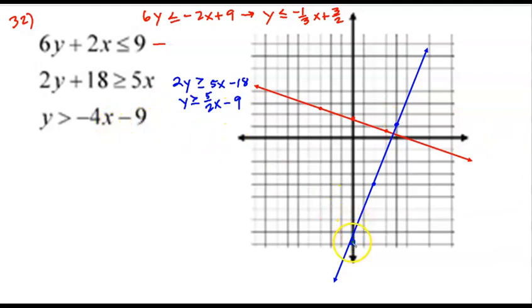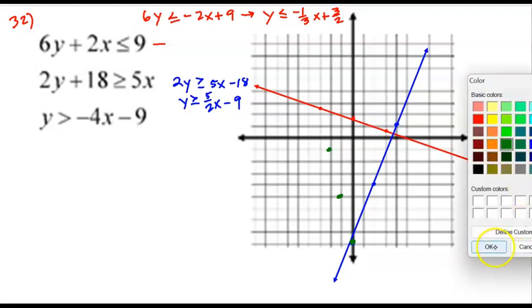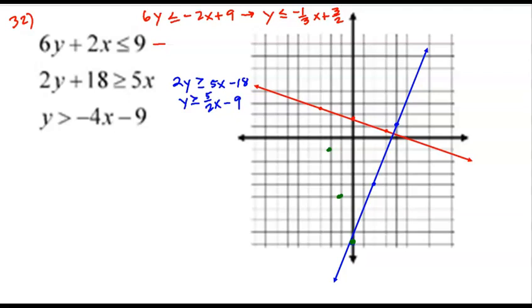Y-intercept also negative 9. Slope of negative 4. Up 4, left 1. Dotted line. It's going to look like that.